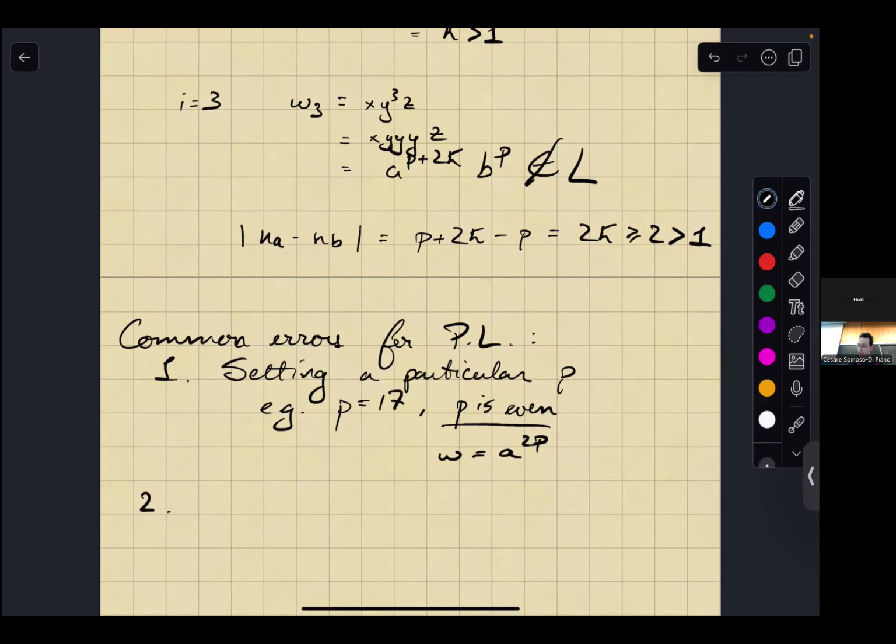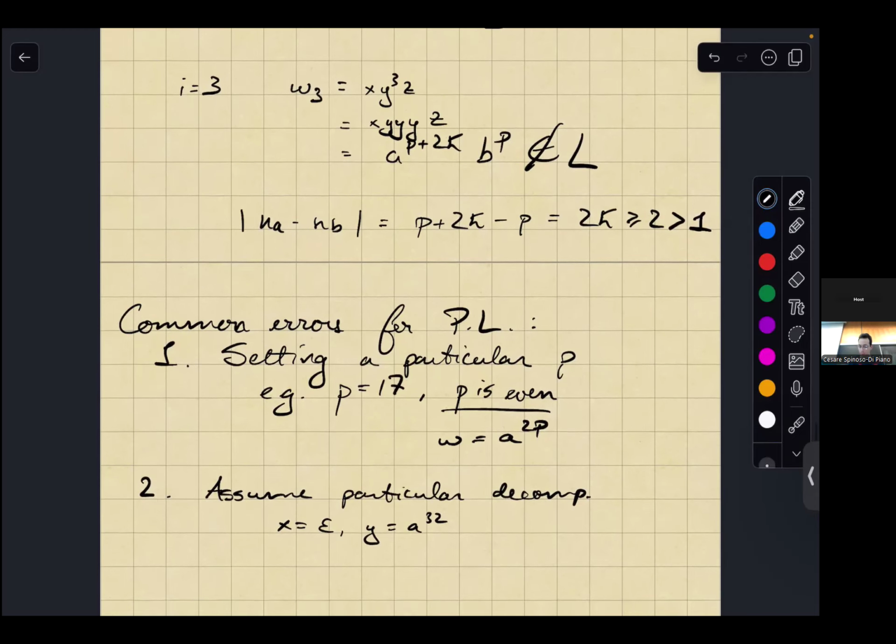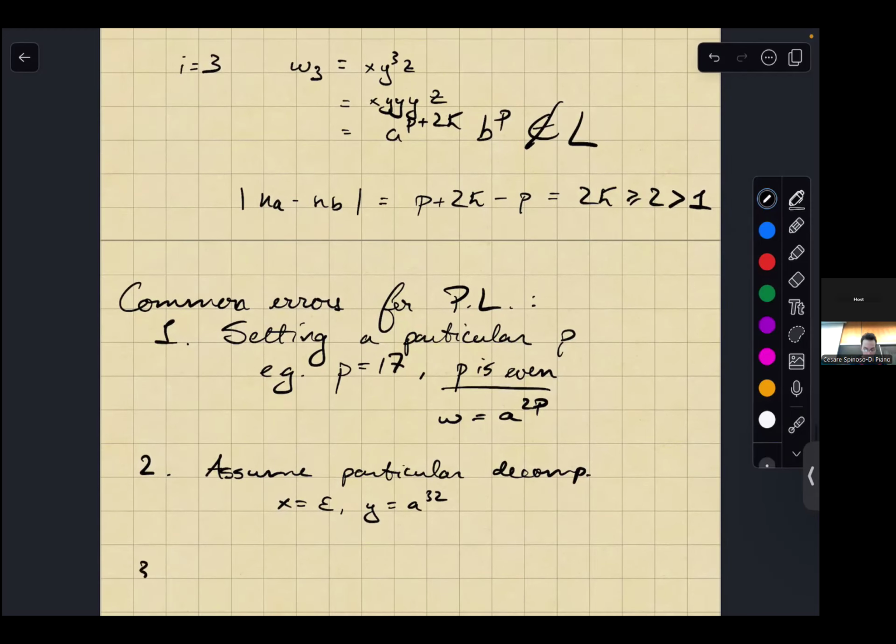The other thing is some students like to assume particular decompositions. You also cannot do that. You can't say, suppose X is epsilon and Y is A to the 32. You cannot do that. X, Y, and Z can be anything the opponent wants. And the last thing is related to the comment I just made.